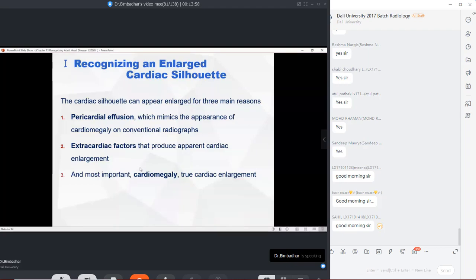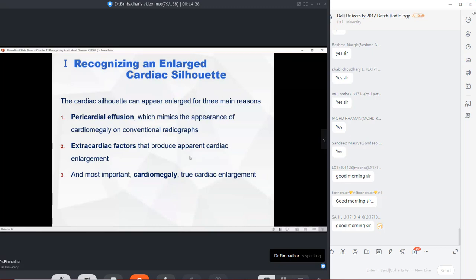Then there are a few other things called extracardiac factors. We will look into them slowly. Extracardiac factors actually produce an apparent cardiac enlargement. Apparent cardiac enlargement means the actual size of the heart is not really big. It did not enlarge in its size, but the surrounding structures made it appear bigger.